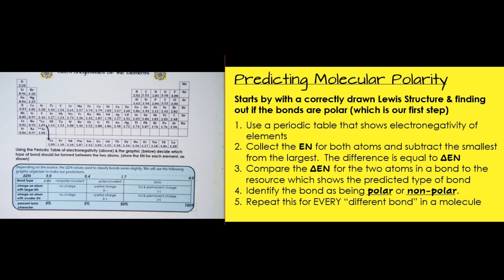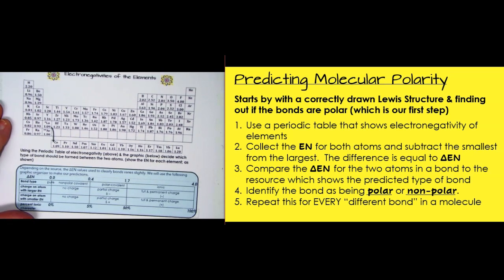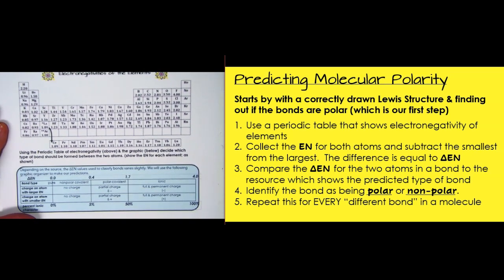Okay, so you start with a correctly drawn Lewis structure. You've already done that. You have 36 different molecules which you have done. So you are going to predict molecular polarity on those 36 molecules. How do you do it? Well, you use your Lewis structures. You have a periodic table such as this one, or the one you've been given that shows electronegativities.